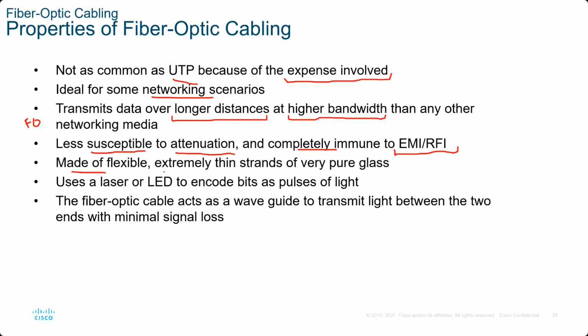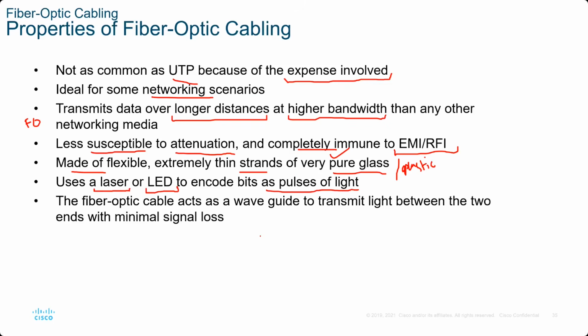They are made of flexible, extremely thin strands of very pure glass. Sometimes it's also made of plastic, so it's not always glass, but the good quality ones are always made of glass. It uses either a laser or an LED to encode bits as pulses of light.